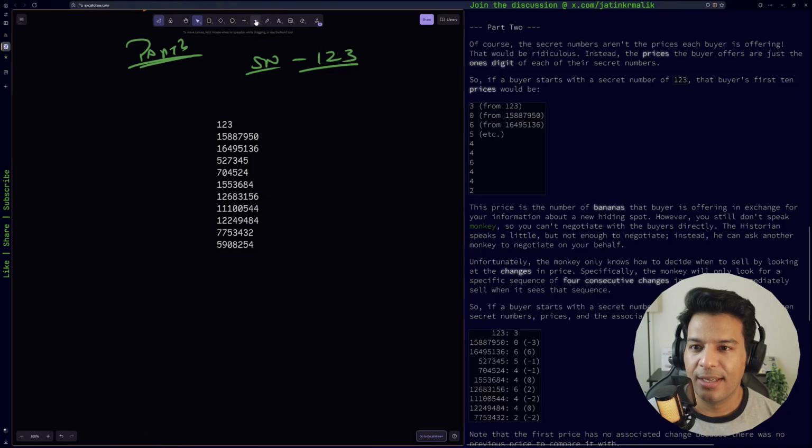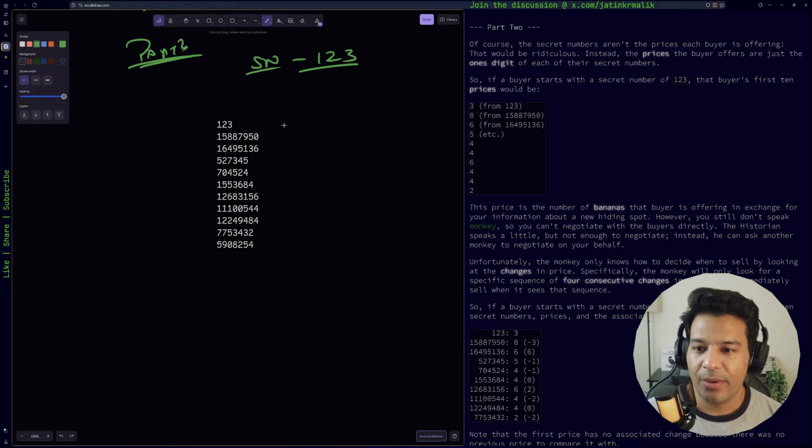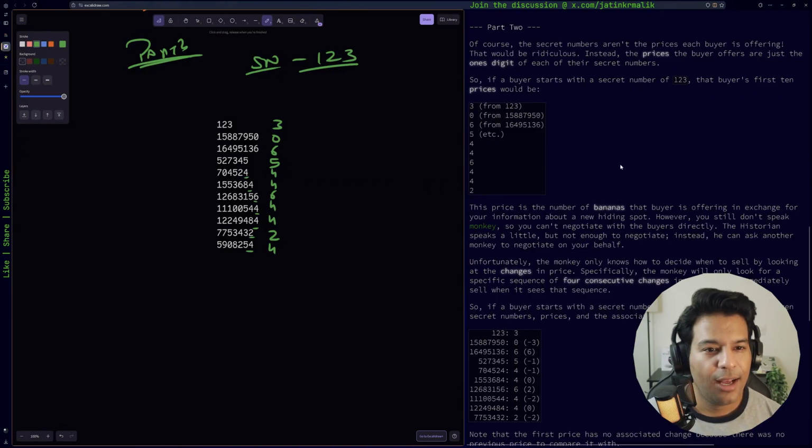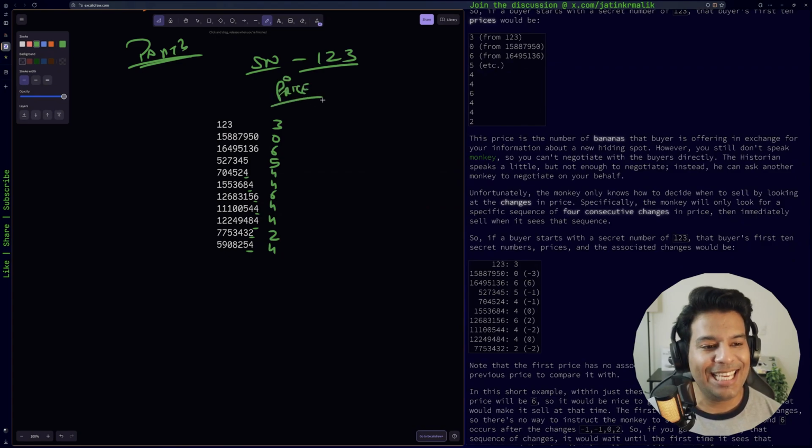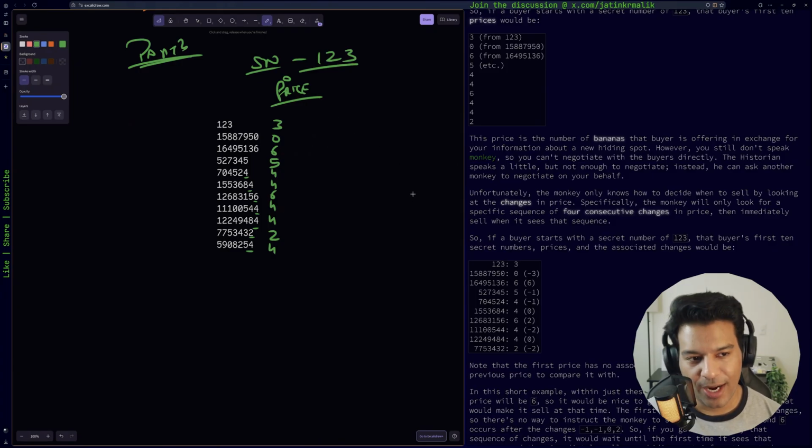So in this case, we are given prizes 3, 0, 6, 5, 4, 4, 6, 4, 4, 2, 4. I'm just taking the last digit of these numbers that are given to us. And this price, the last digit, is the number of bananas that the buyer is offering in exchange for your information about a new hiding spot.